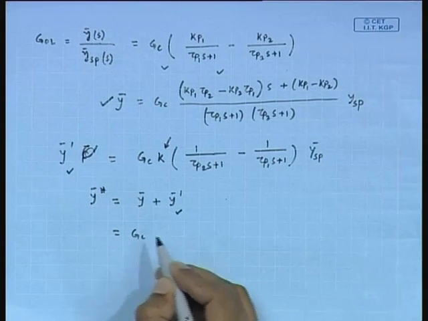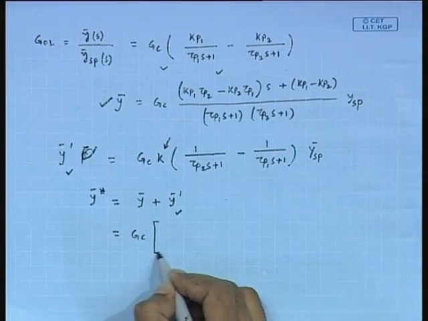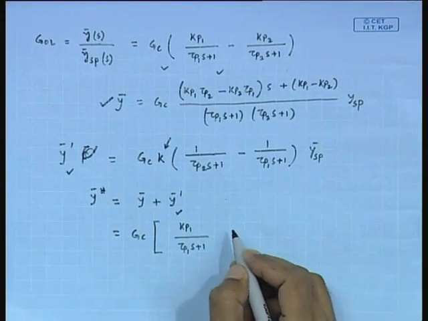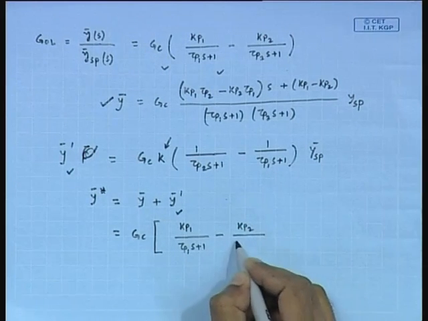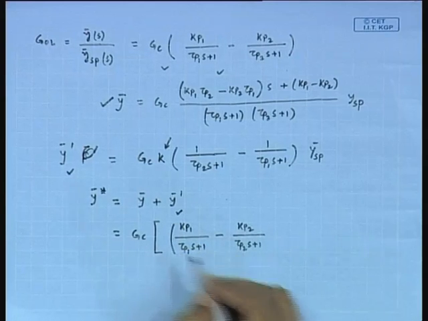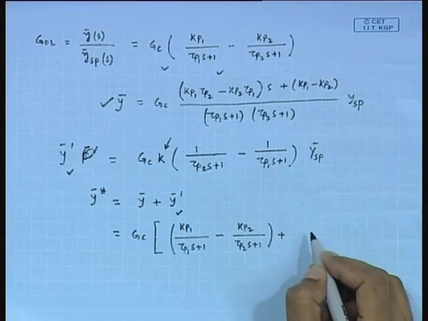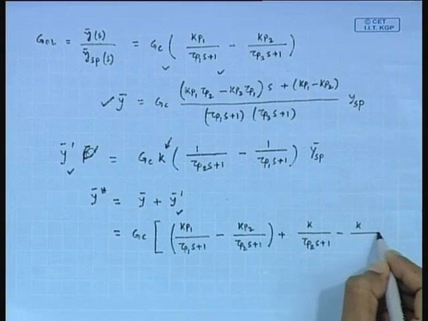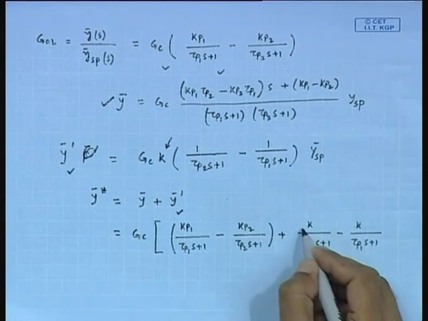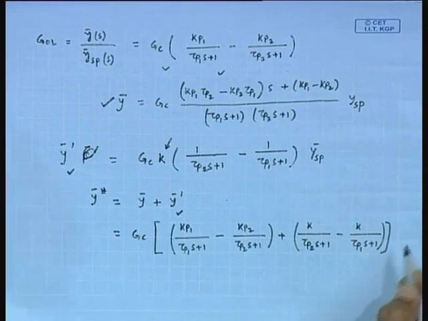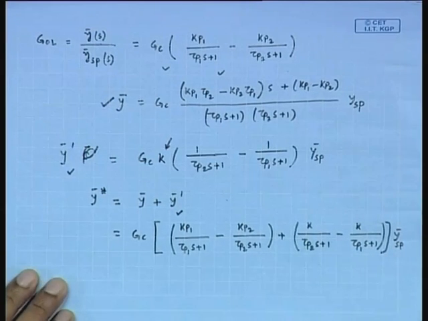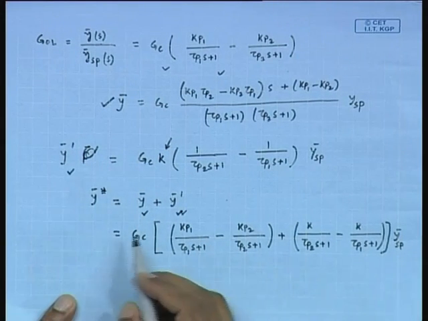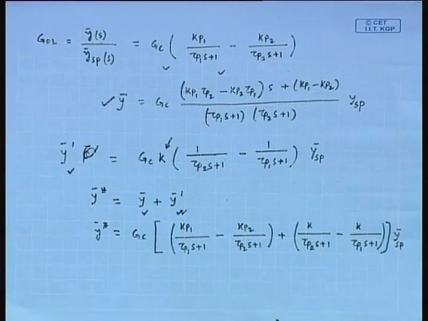Gc multiplied by Kp1 divided by tau p1 s plus 1 minus Kp2 divided by tau p2 s plus 1, then k divided by tau p2 s plus 1 minus k divided by tau p1 s plus 1, multiplied by y set point. Substituting the expressions of y and y prime, we obtain this. This is y star.